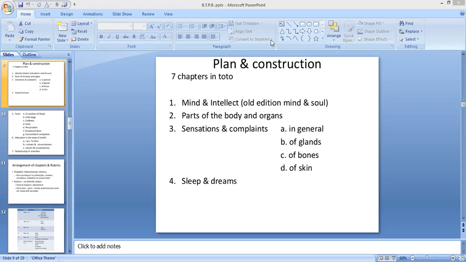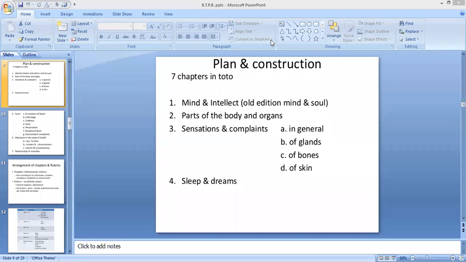Then nose, which also has two subchapters, nose and smell. After nose and smell, there is the face chapter, which also has two subchapters, face and locations of sensation.